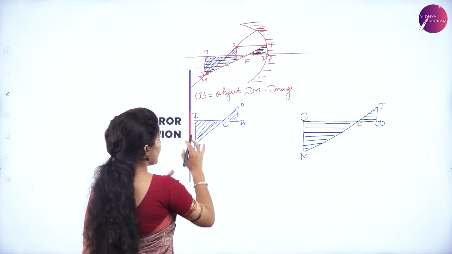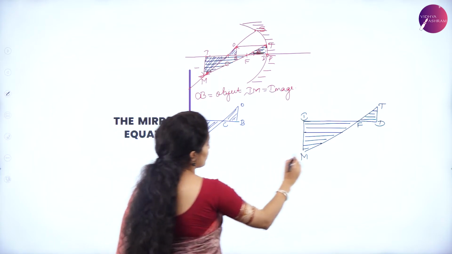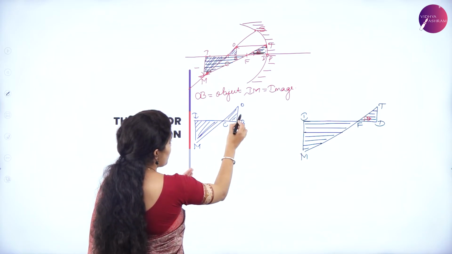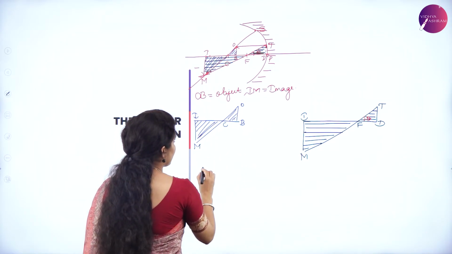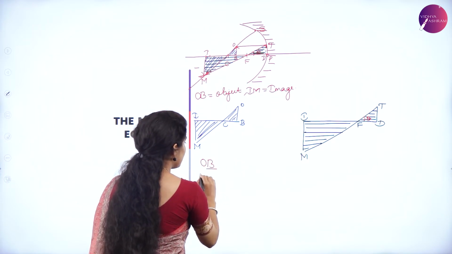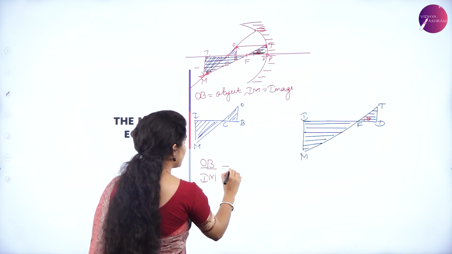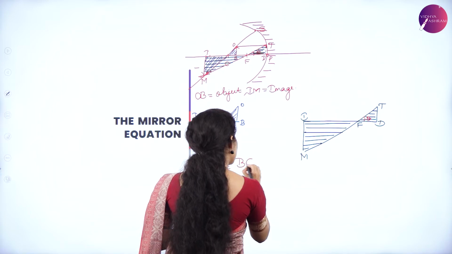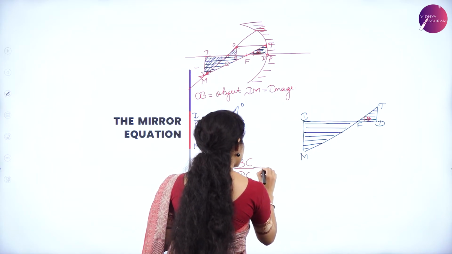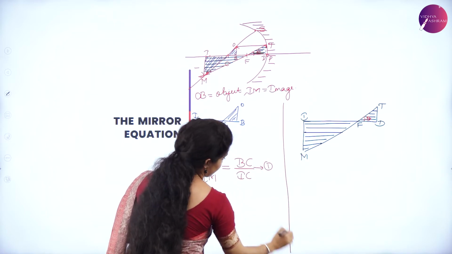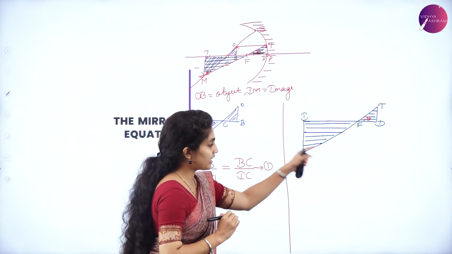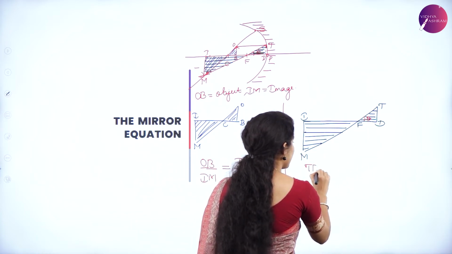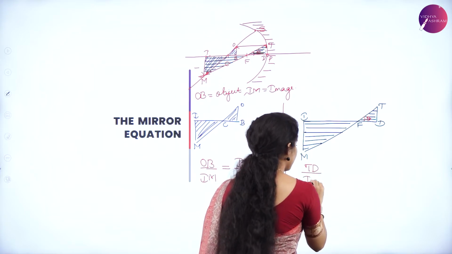Now, according to this triangle, we have theta over here. So according to this triangle, OB divided by IM is equal to BC divided by IC. Call this equation 1. And the next equation is TD divided by IM.